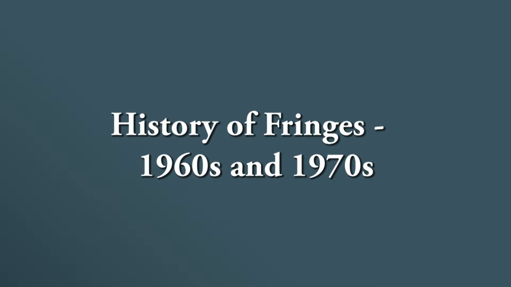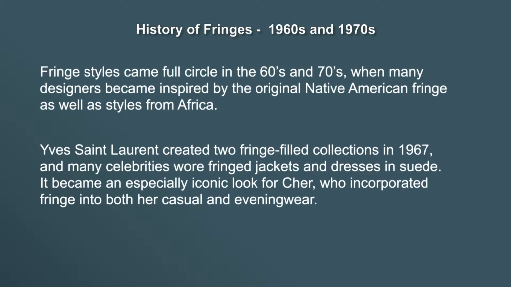'60s and '70s. Fringe styles came full circle in the 60s and 70s when many designers became inspired by the original Native American fringe as well as styles from Africa.